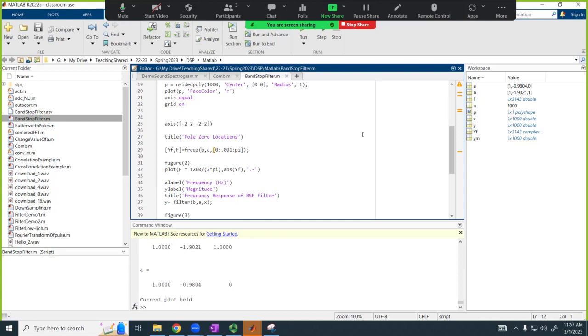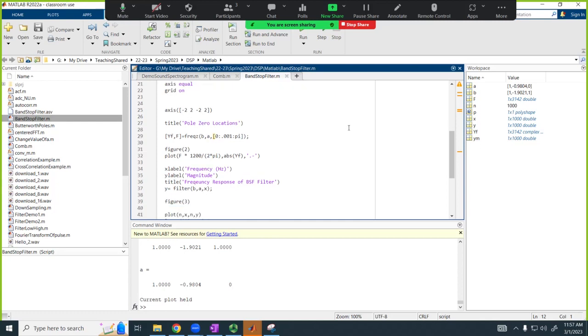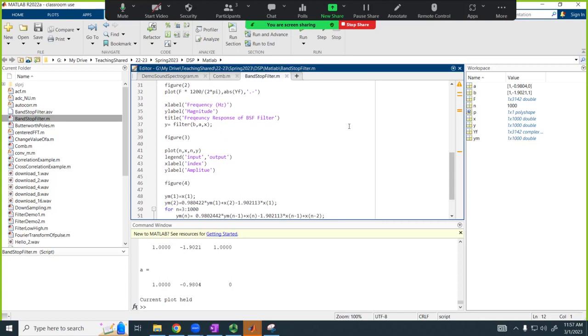Same thing, we unnormalize, so multiply the frequency response axis by the sampling frequency over 2 pi. And then we're calculating the output either using the filter command, which takes the numerator, denominator, and the input, or using a loop where I'm going over the difference equation.